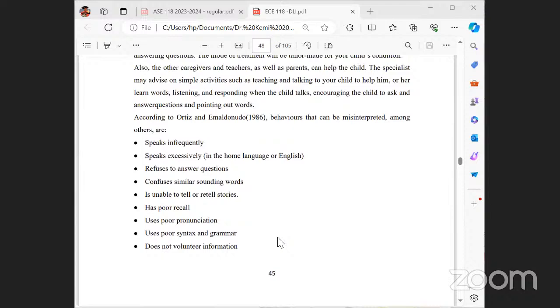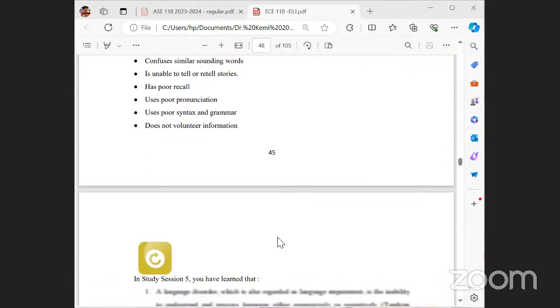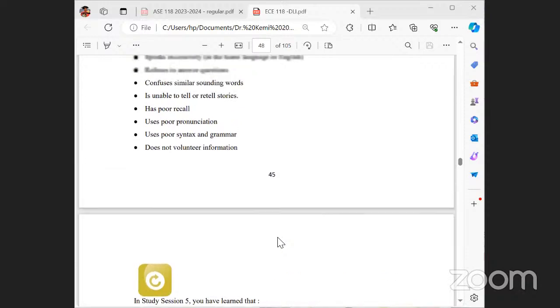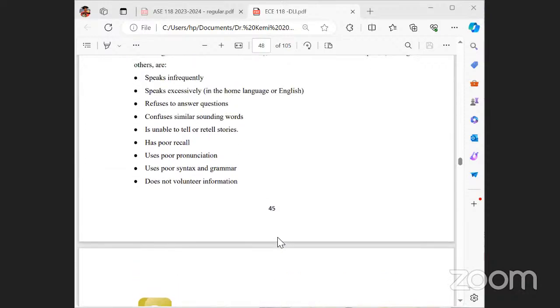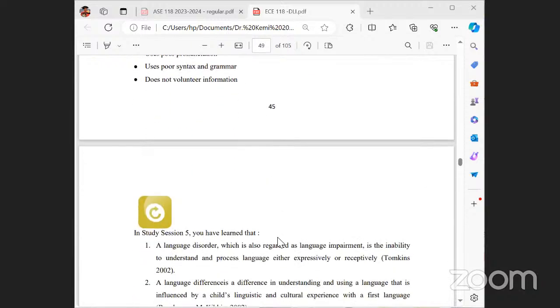when one is confused about similar sounds or similar words, when a child is unable to tell or retell stories, or if the child has poor recall or poor pronunciation, or if the use of syntax and grammar is poor, or if the child does not volunteer information.